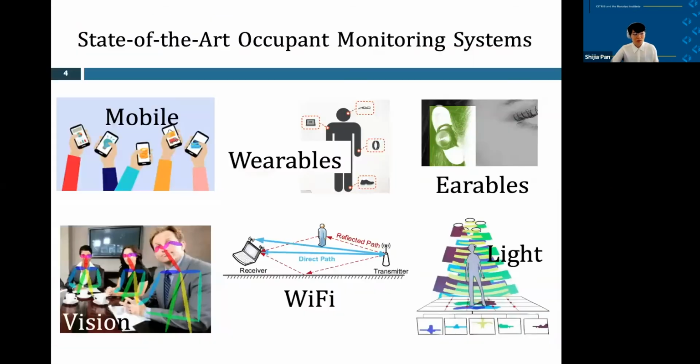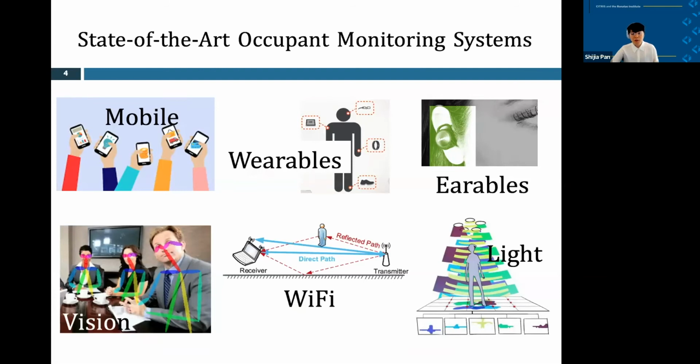And of course, we are not the first ones trying to do this at all. Various sensing modalities have been explored to achieve this occupant monitoring, including both device-based and device-free systems. Device-based systems rely on the user to carry a device with specific sensors on it.